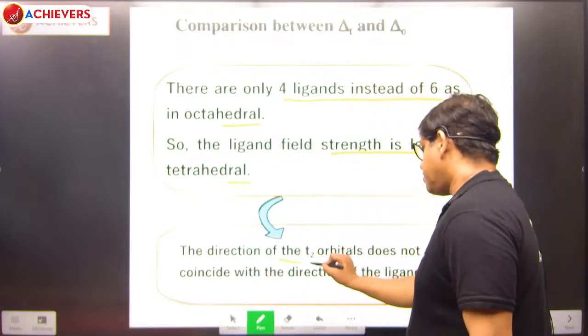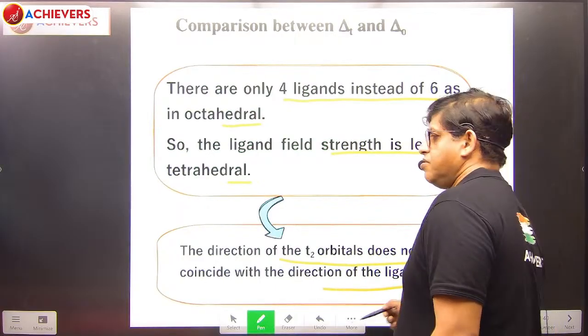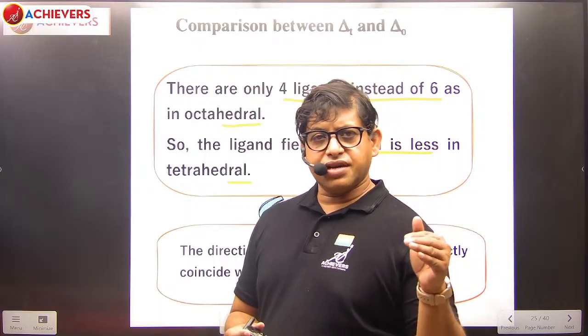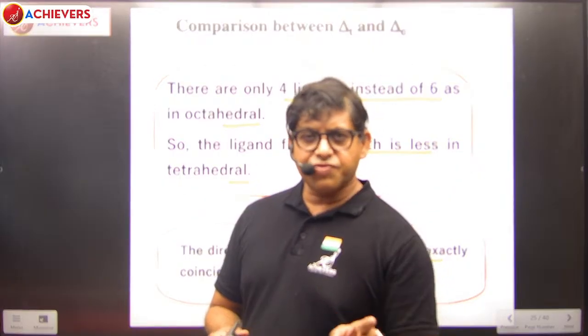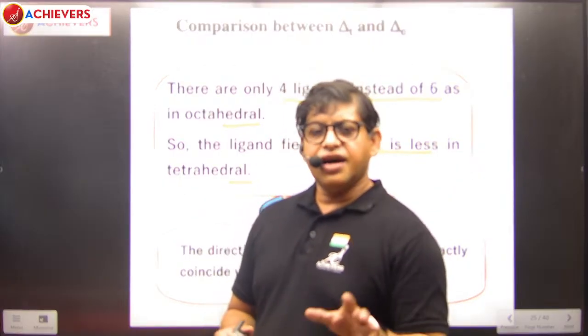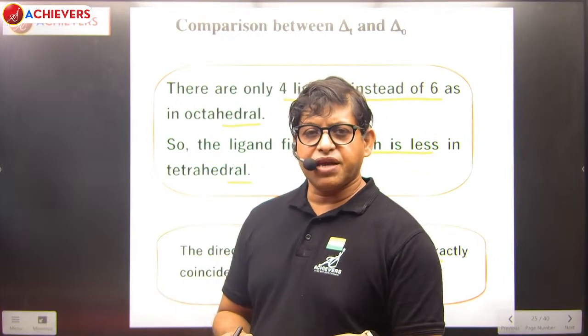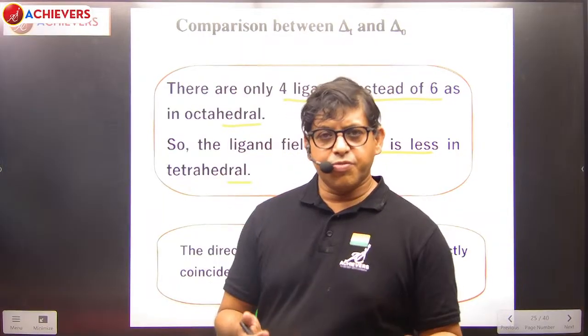Also, the direction of the t2 orbitals does not exactly coincide with the direction of the ligands, so the approach is not 100%. The number of ligands is an important parameter with respect to interaction, and the approach is 75%.